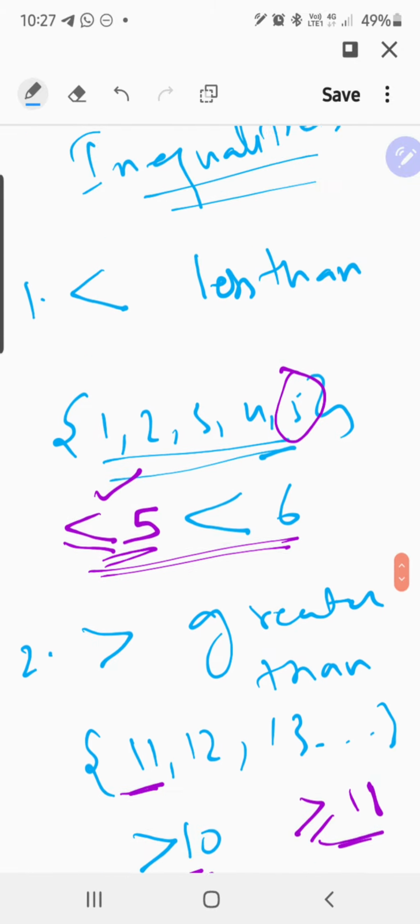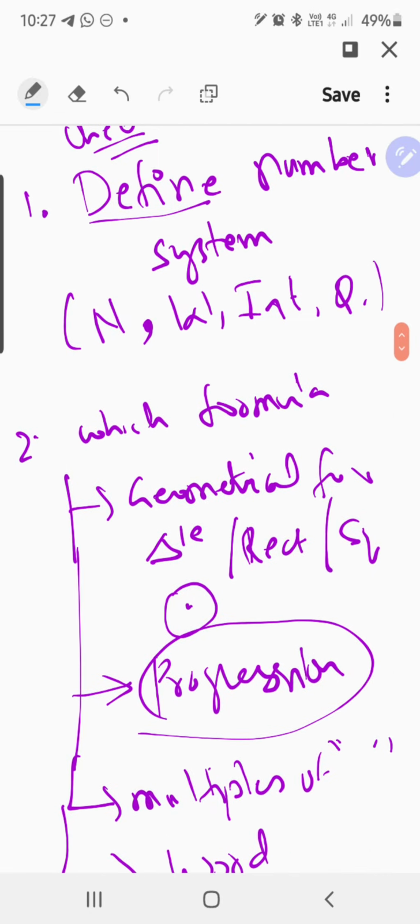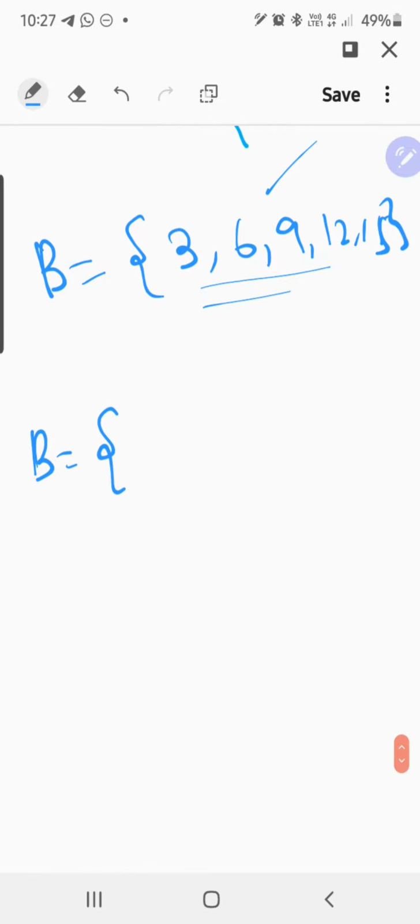Second step is to check which formula you are using. Here the formula is they are the multiples of 3. This is our formula. Now you have to define the starting point, and at the same time the ending point. So what I am doing, first write x such that x belongs to natural numbers. Is that clear?